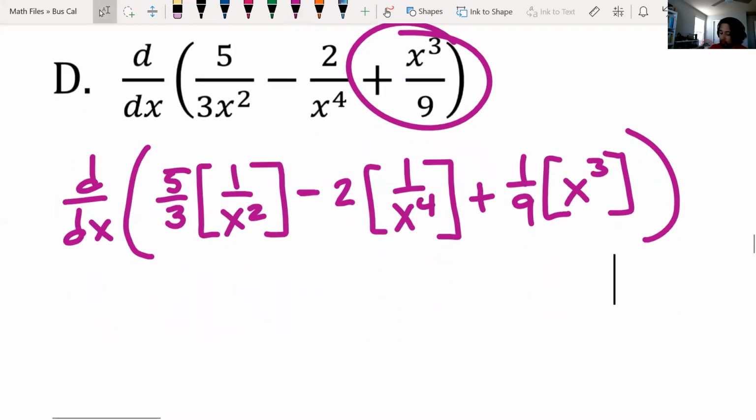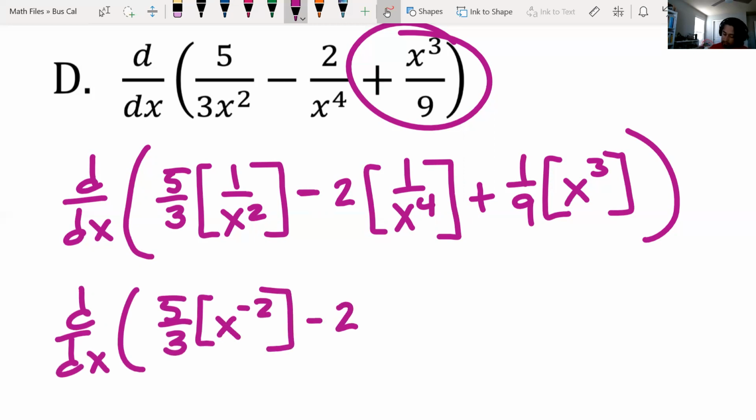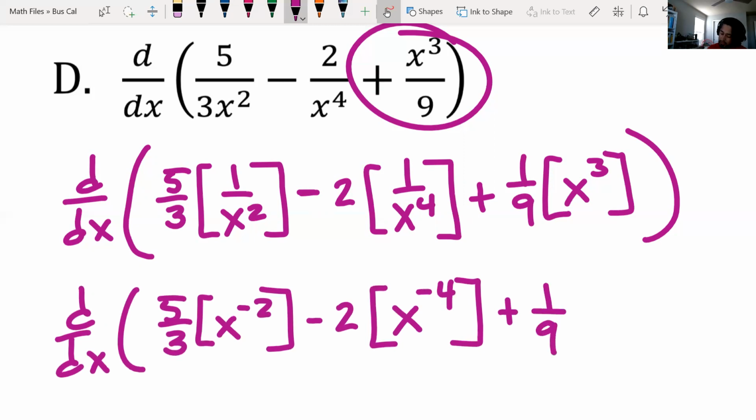And now we have one more rewrite because we can't take the derivative in these forms, 1/x squared and 1/x to the 4th. So we'll get d over dx, parentheses, 5/3 times x to the negative 2 minus 2 times x to the negative 4 plus 1/9 times x cubed.